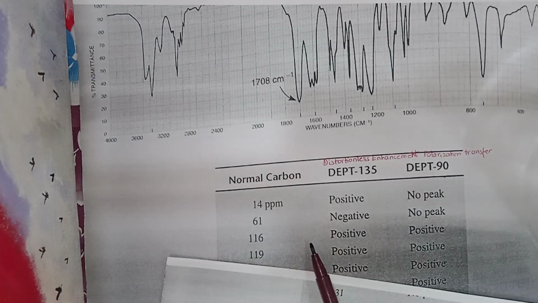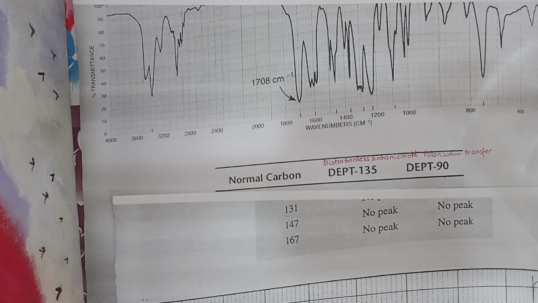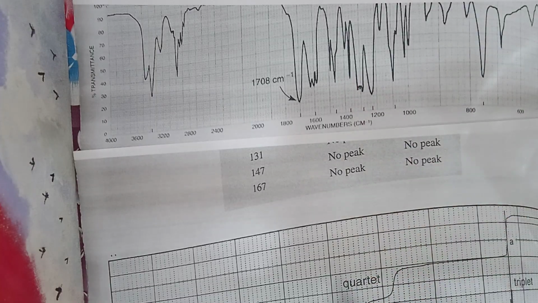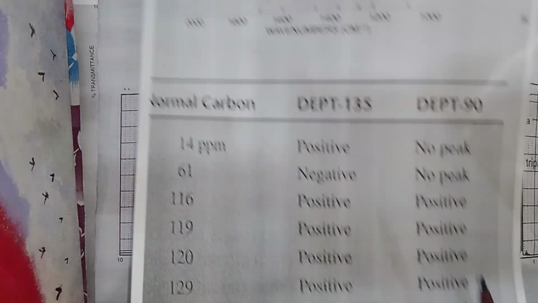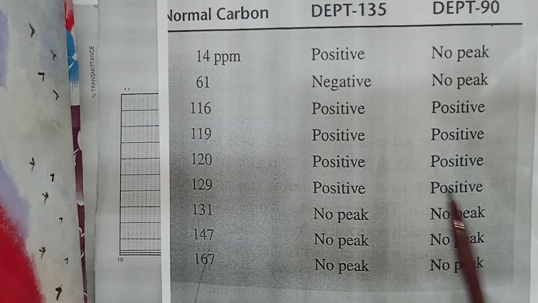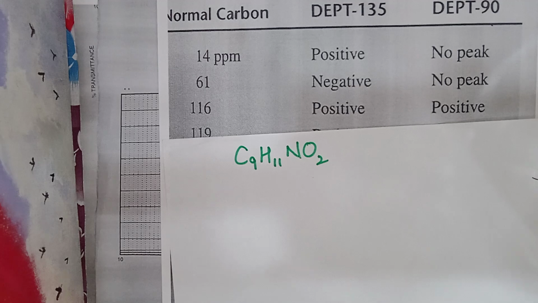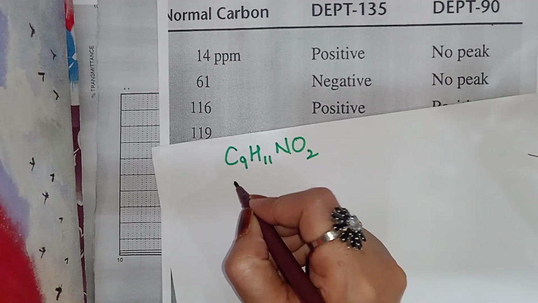Observing the spectra, we calculate the index of hydrogen deficiency as 5. When we observe all the spectra, the problem suggests an aromatic ring having an index of 4.